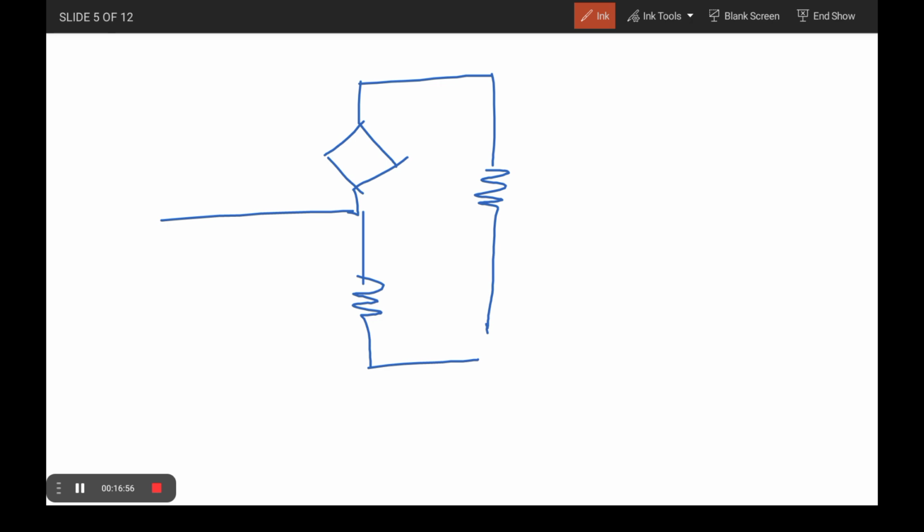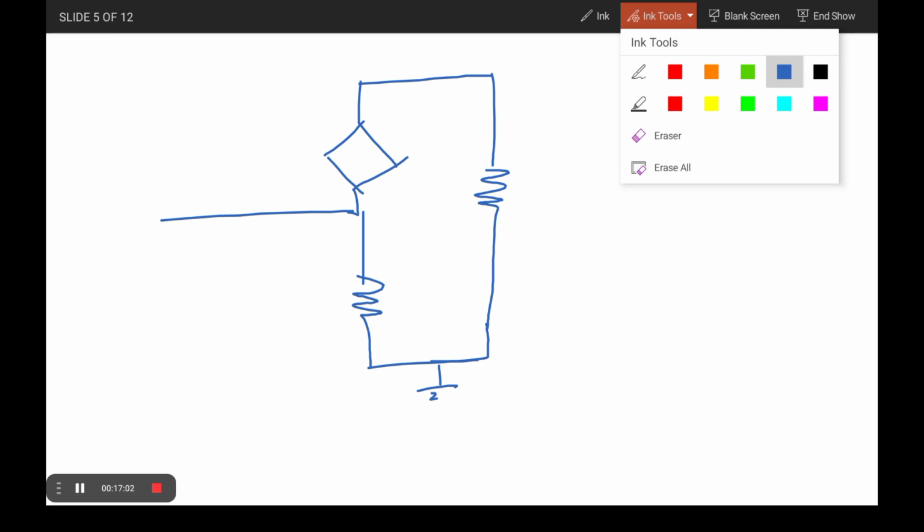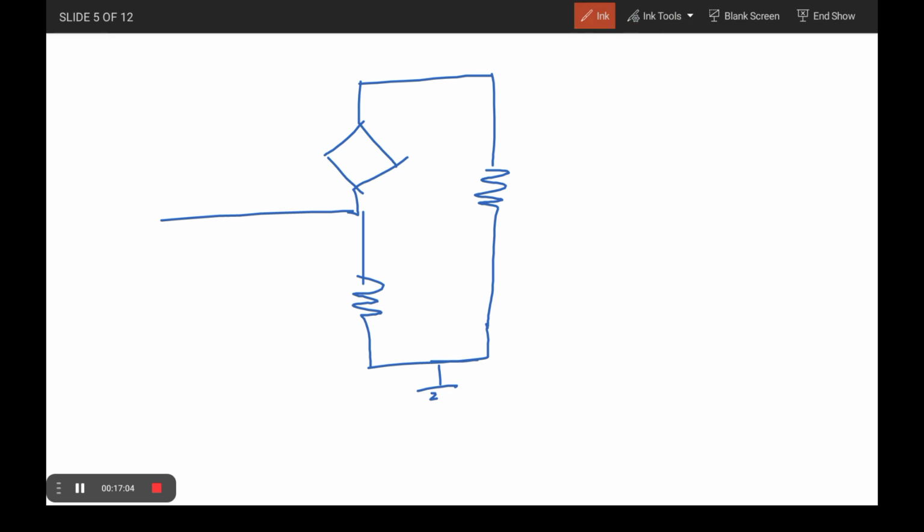So this is one source. So this is a small signal model of a transistor. Let us see here. This current represents the IC current, that is nothing but beta times IB.